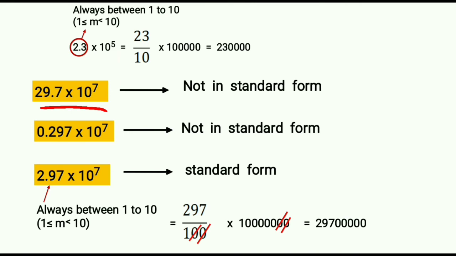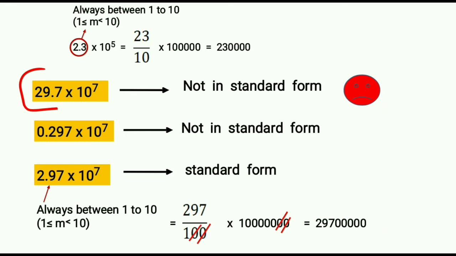Here 2.3 multiply 10 raised to power 5 can be written like this, and after solving we can get this number. This is in standard form because value of m lies between 1 to 10. This number is not in standard form because this is an exponential form.